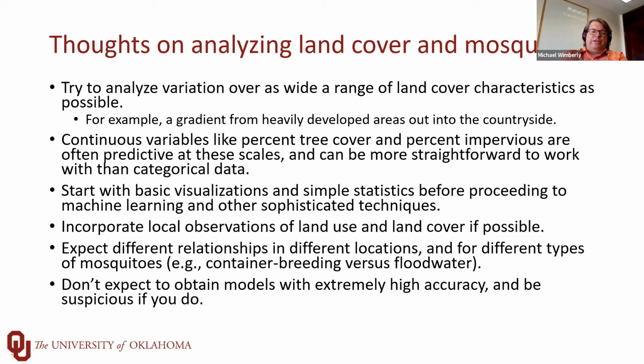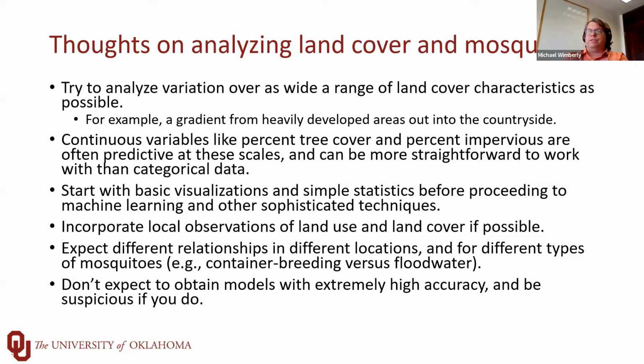This is something I always tell my students: don't overlook basic visualizations, simple statistics, and correlations before you go stampeding to put everything into a big machine learning algorithm and see what comes out the other end. Incorporate local observations of land cover and land use too.